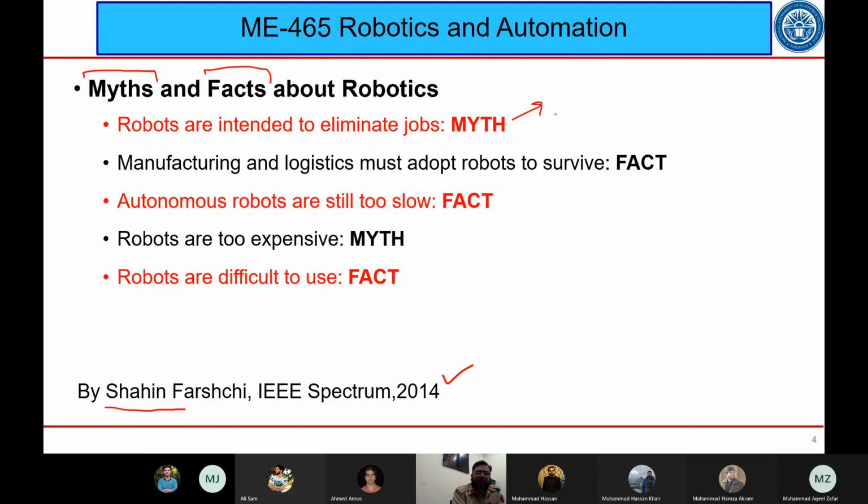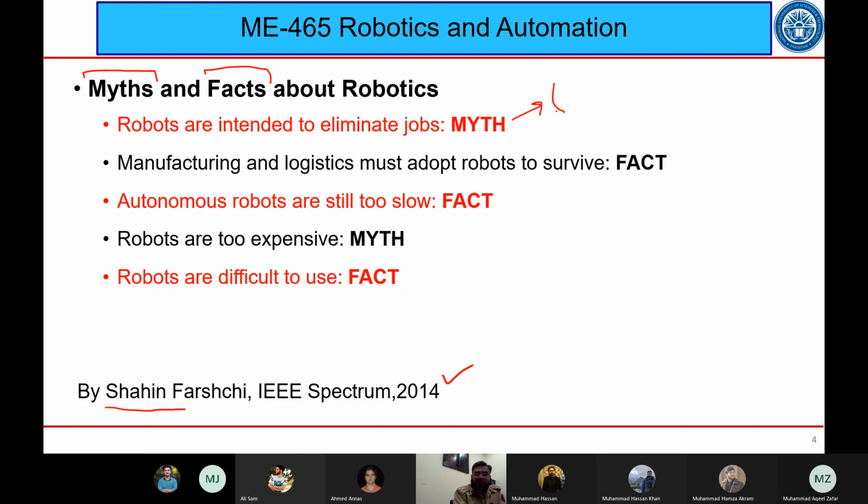We discussed this yesterday, that this is an opposing comment which is given by people for the roboticists, that when robots come into the field, they eliminate jobs. So what do the robotics people say about this?